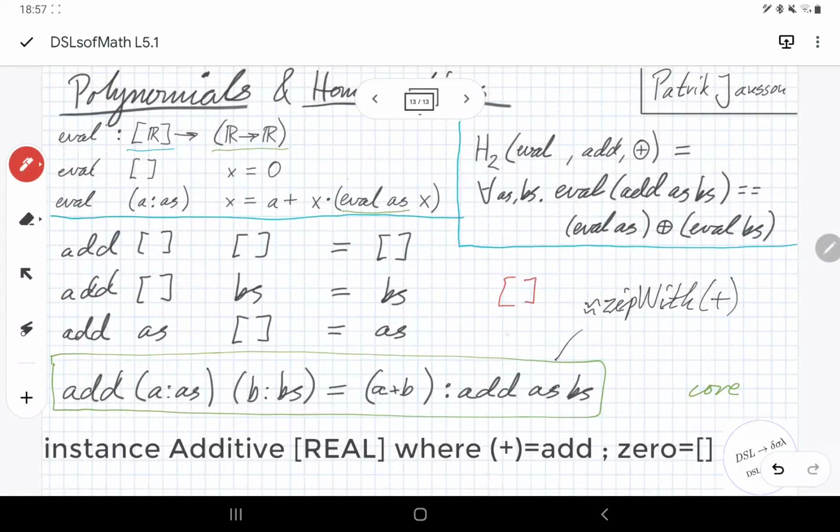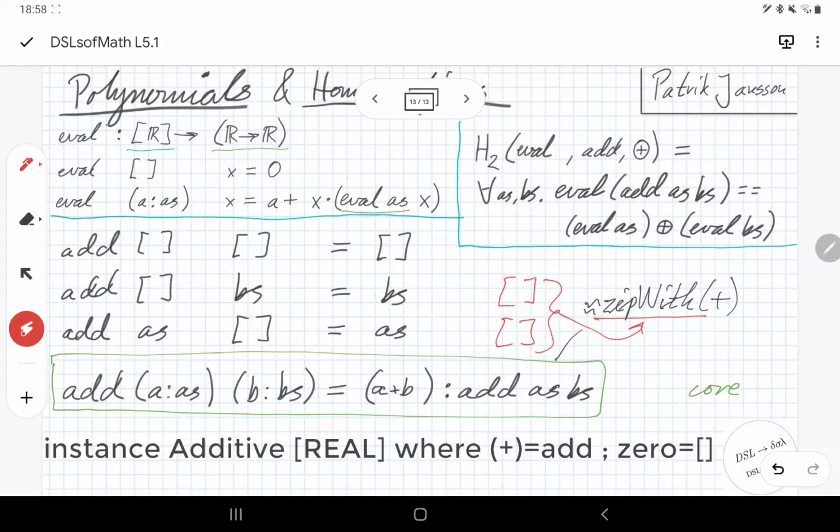If we would have empty list there and empty list here, then we would get zipWith. And what does that mean? It means that as soon as one of the polynomials ends, the other polynomial will be thrown away and the 0 returned. So for example, with zipWith plus as the definition, we would end up that 0 plus xs is 0, which is definitely not what we want.